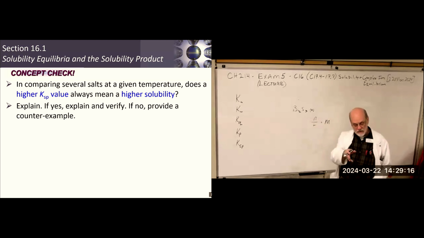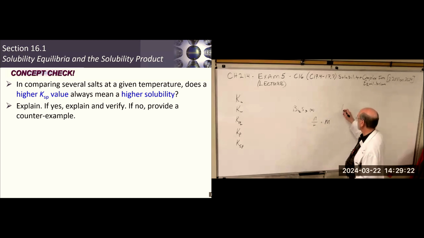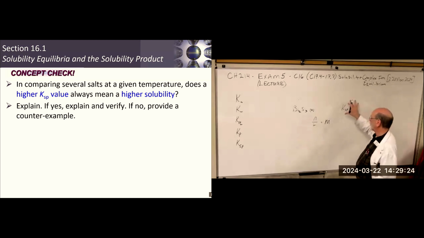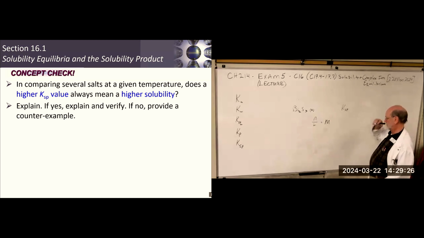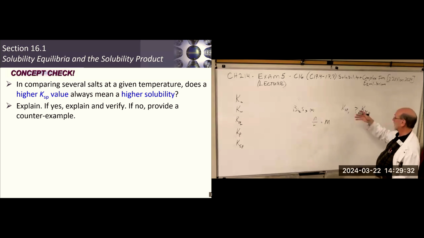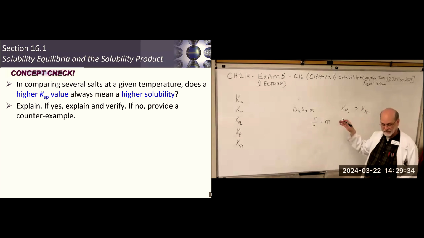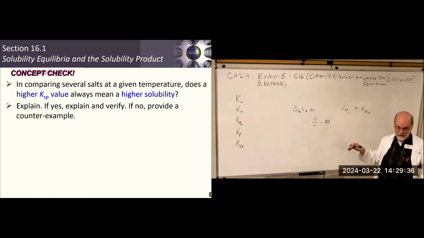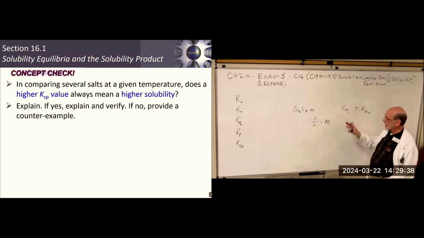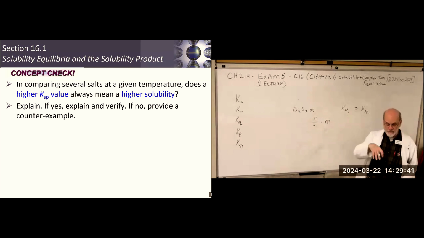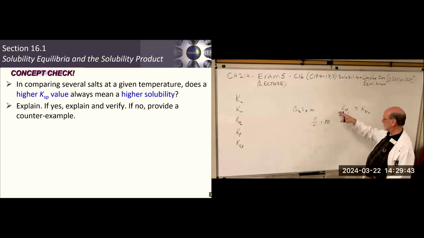Now, the question here, as given in the slide, is if you know that the Ksp of one reaction is greater than the Ksp for a second reaction, what does that mean? Well, it means the calculated value, the solubility product with its powers and all that stuff, is bigger than this one.